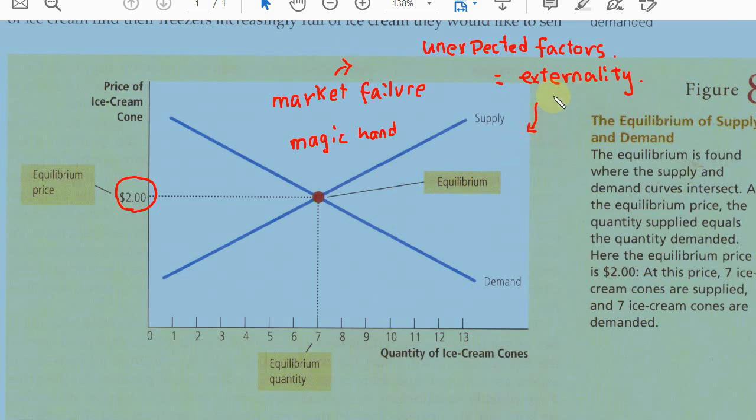So the externality can be classified into negative and positive. Positive externality is no problem. But negative externality is a problem. The most outstanding negative externality is pollution.